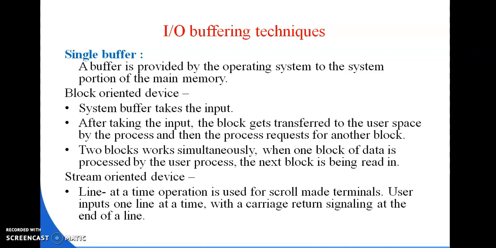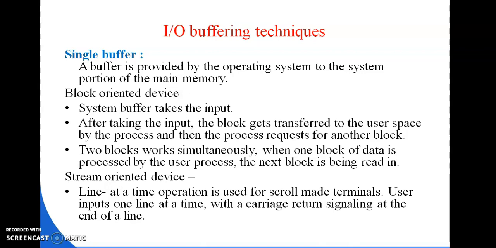Two blocks work simultaneously. When one block of data is processed by the user process, the next block is being read. The operating system can swap the process here, and can transfer the data of the system buffer to user processes.